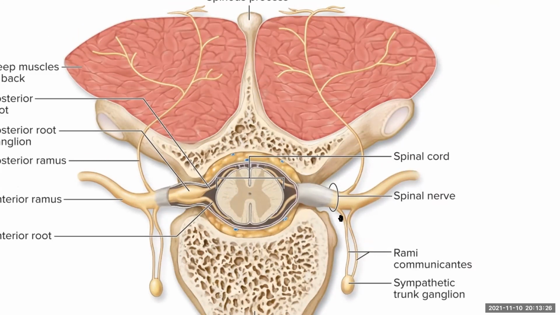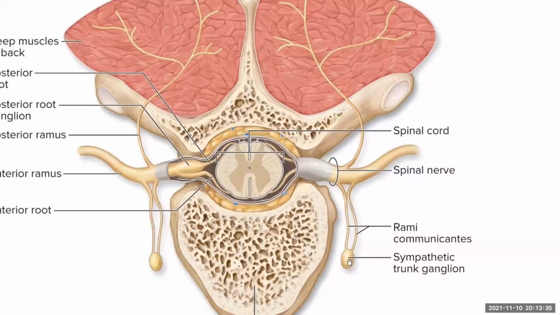We'll also see off of the anterior portion of the spinal nerve, you'll have these small branches that will connect to our sympathetic trunk. Those are our on and off ramps. Remember, our white rami communicantes carries those preganglionic axons; they're the entrance ramp to the sympathetic trunk ganglion.